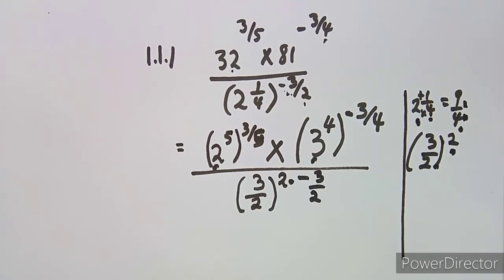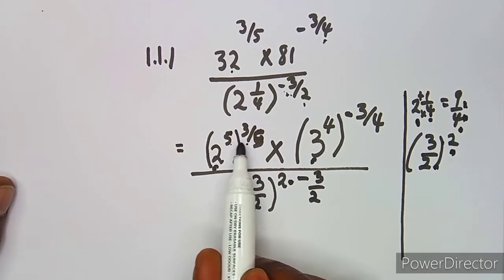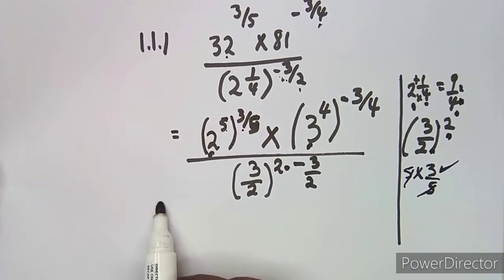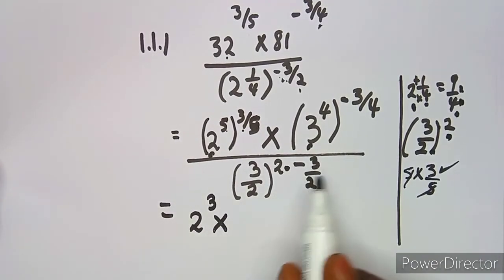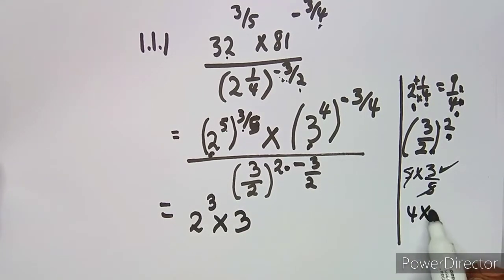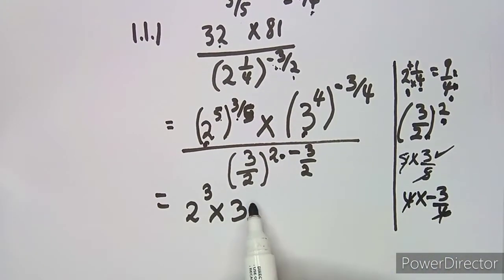Now let's simplify, guys. We know our laws of exponents. When there's an exponent and an exponent, you multiply. So that's 5 times 3 over 5, which is 3. So that's 2 to the exponent of 3 times 3 to the exponent of, you do the same, 4 times minus 3 over 4, which is minus 3.